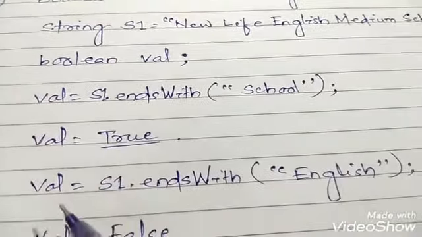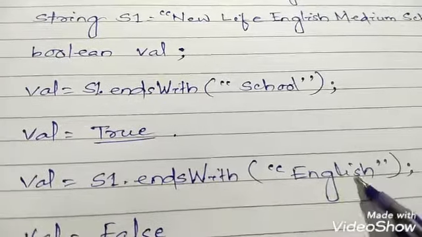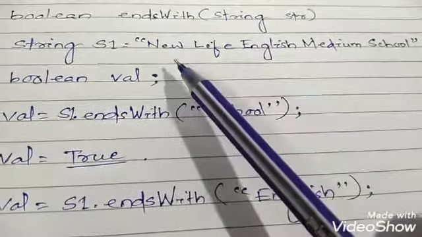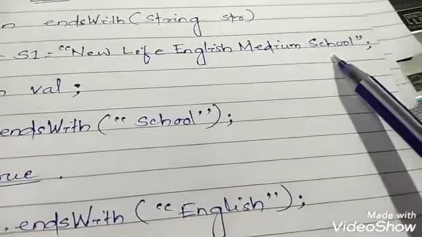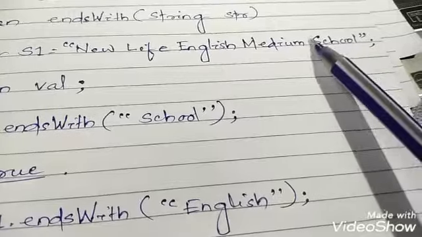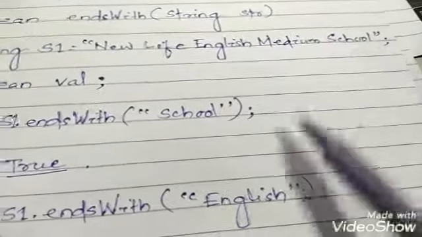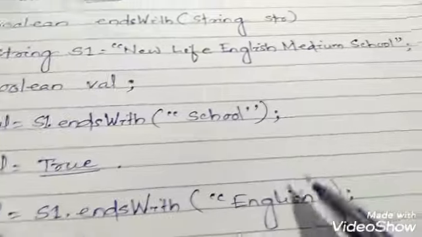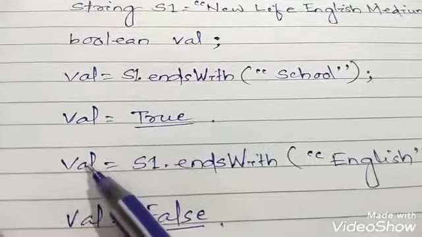But if you see another example like val equal to s1.endsWith("English"), that means you please check it. Does this string end with English? No, it does not end with English. It ends with school. So this is not matching. So at that moment it returns false and stores in the val.